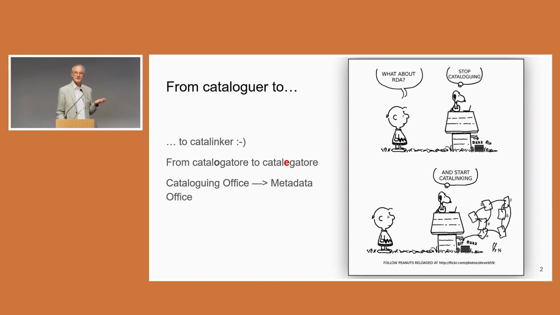It reflects the idea that in many institutions they are moving from the name cataloging office to metadata office. This comic drawing is from 2014, the first time I followed a course about RDA.